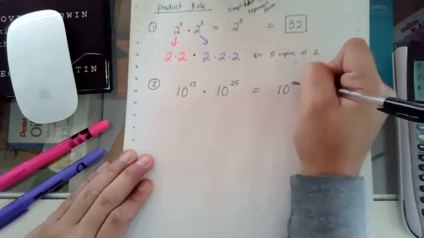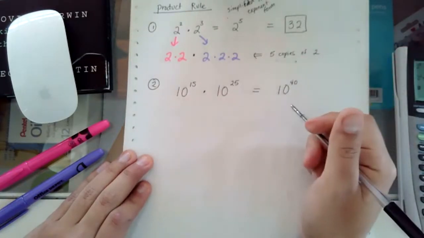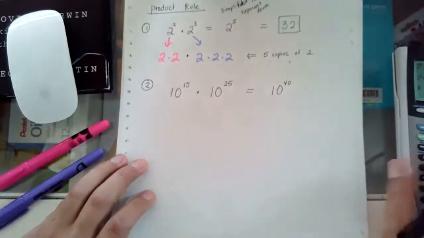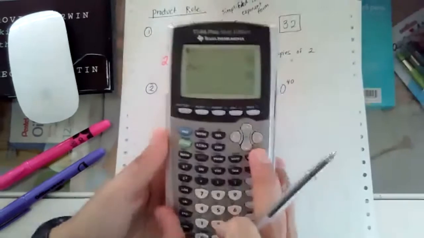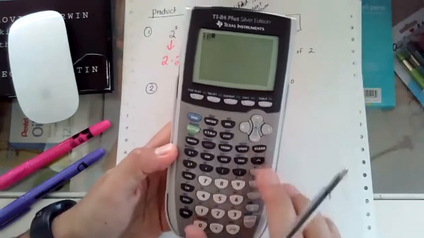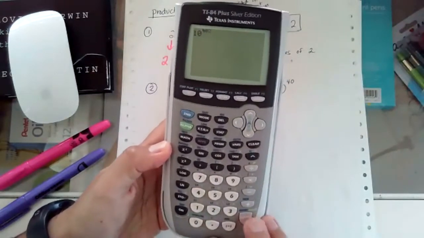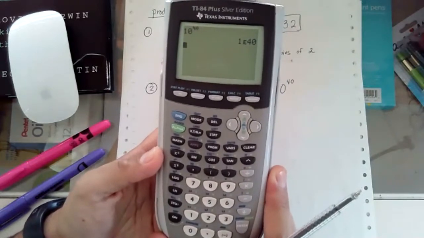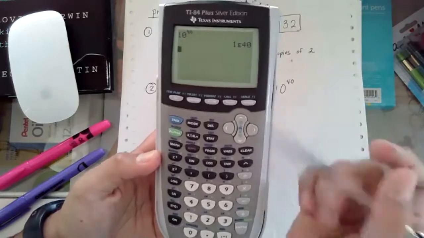40? 40. Yeah. And that would be good enough to simplify 10 to the 40th power, because if we tried to throw that in the calculator, 10 raised to the 40th power, you get this 1e to the 40. It's gone to scientific notation.